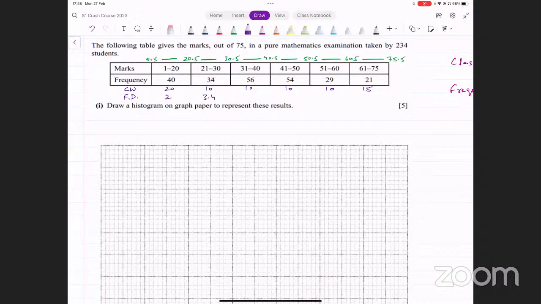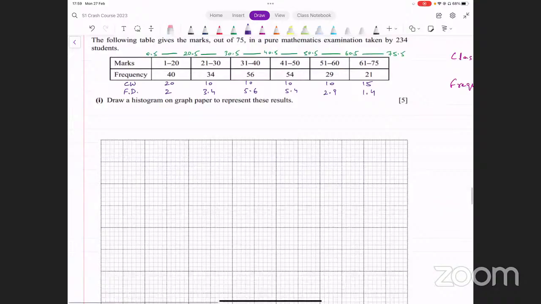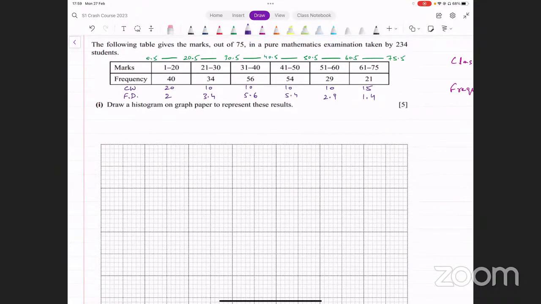And so on. 56 over 10 is 5.6. 54 over 10 is 5.4. 29 over 10 is 2.9. And finally we have 21 over 15, which turns out to be 1.4. So these are all the frequency densities. This is what we're going to plot on the vertical axis.